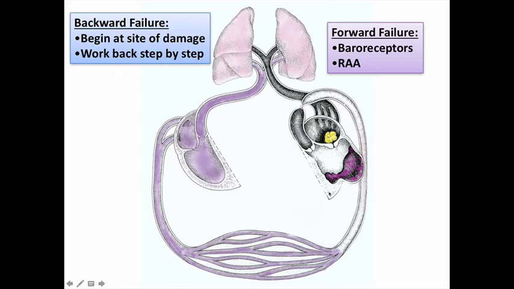So if the problem is this weak ventricle that's not able to eject the blood, we start here. And then we see this ventricle continue to fill with blood. And then we see the atria fill with blood. And then we see the congestion backing up into the lungs. And we see pulmonary edema.